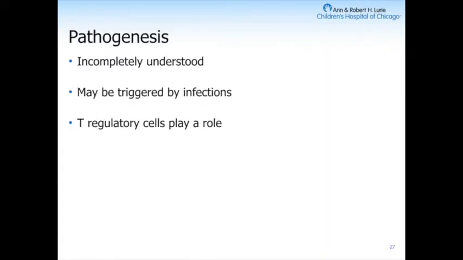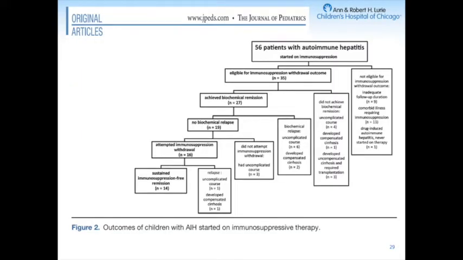So pathogenesis is incompletely understood. It may be triggered by infections, and we think that T regulatory cells may play a role. For treatment, this is one of the studies that looks at the discontinuation of immune suppression in children, similar to what was presented a little bit earlier.